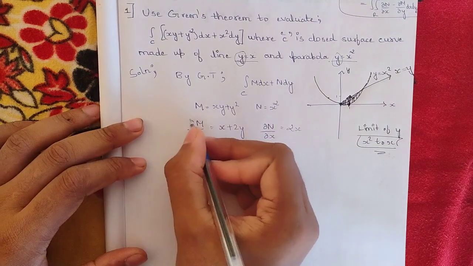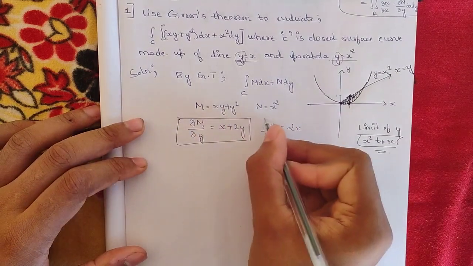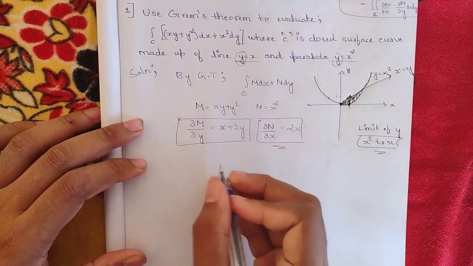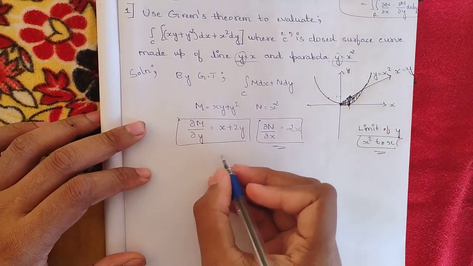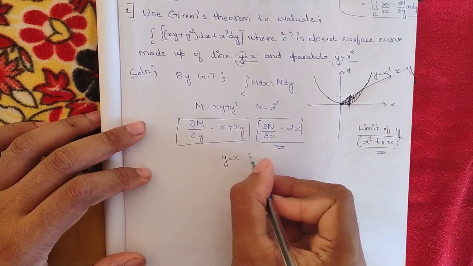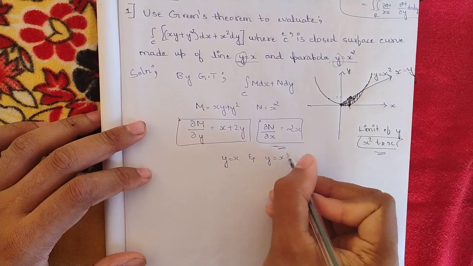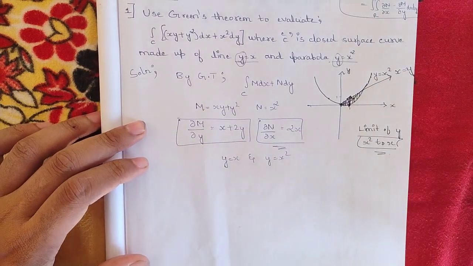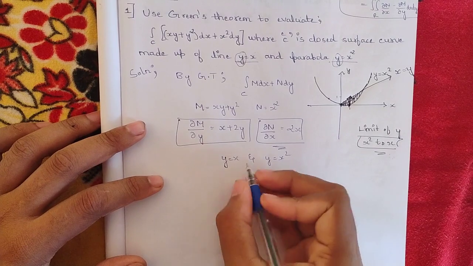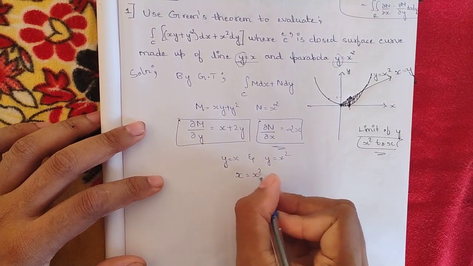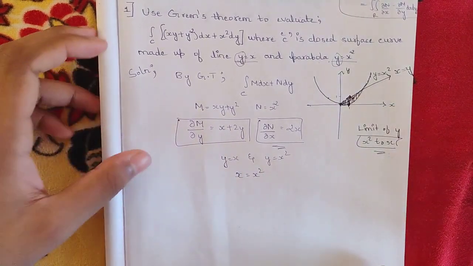in order to find the limits of x, here we have y equal to x and y equal to x square, right? So how can we find it? You can see that x is equal to x square from these two conditions, right? So we got one rule here.